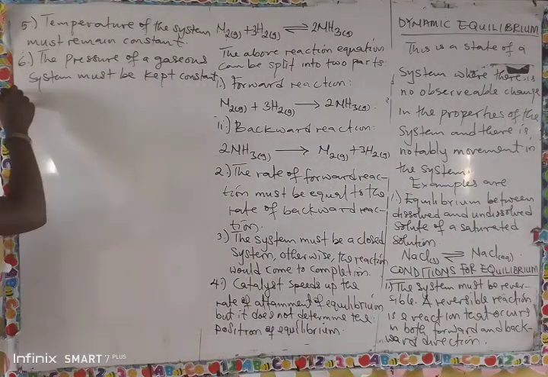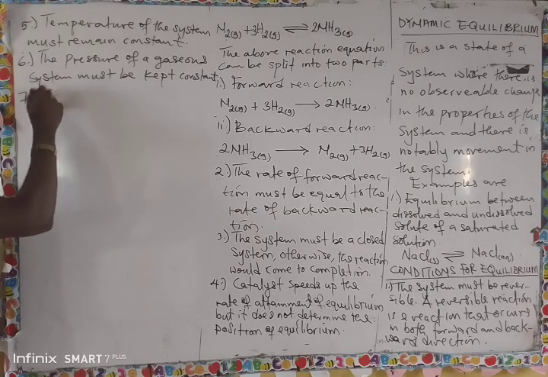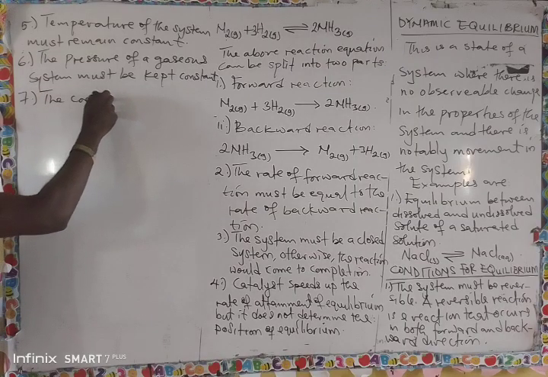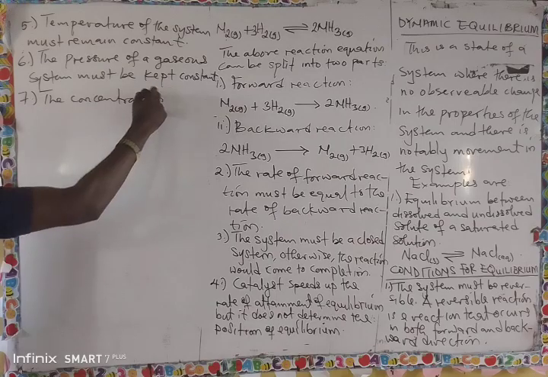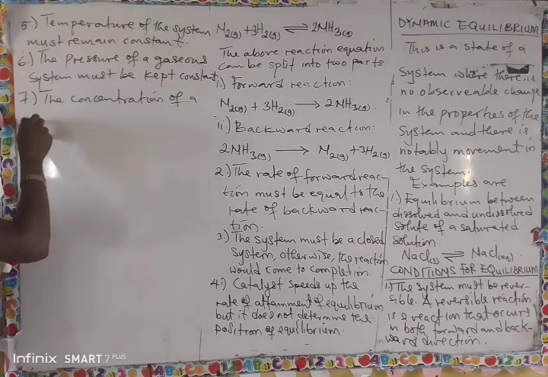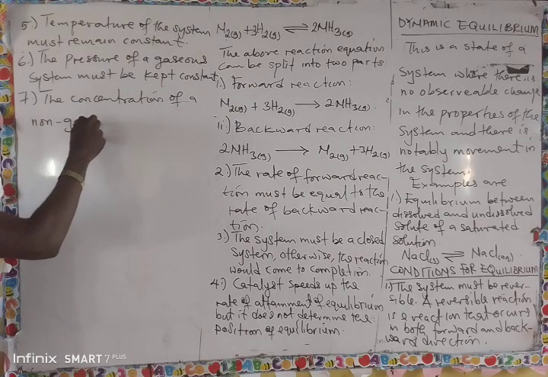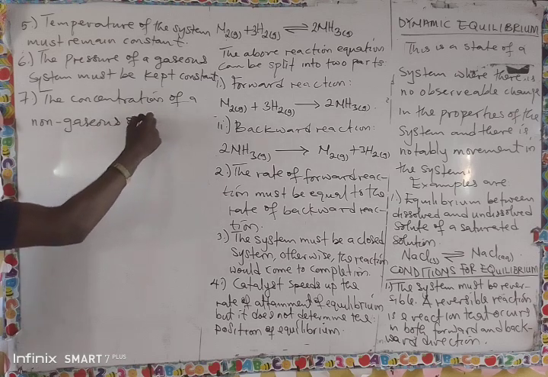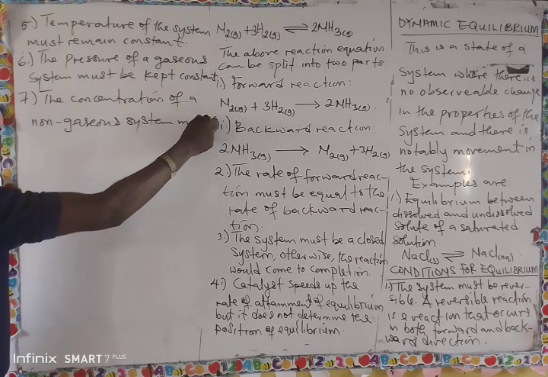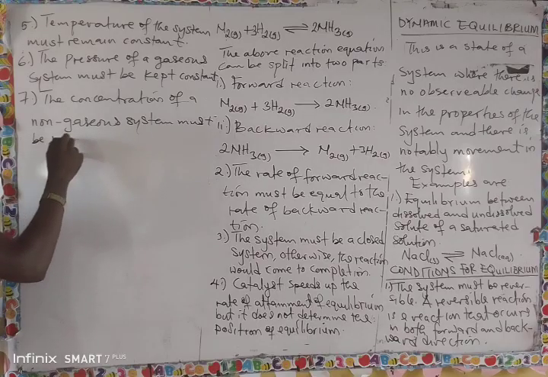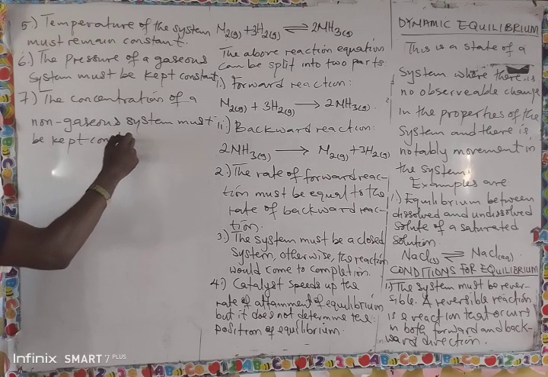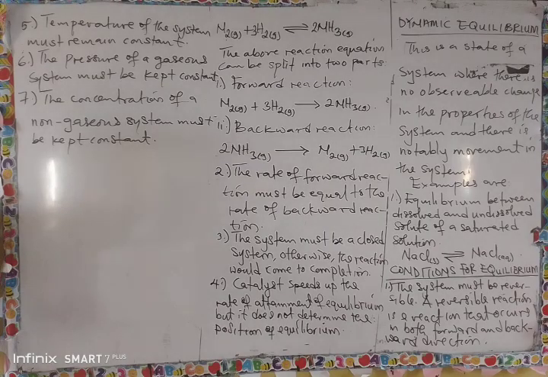Now, the next one is that the concentration of a non-gaseous system must be kept constant. For a gaseous system we have pressure, but for a non-gaseous system we have concentration.